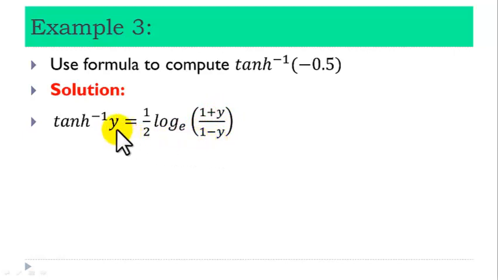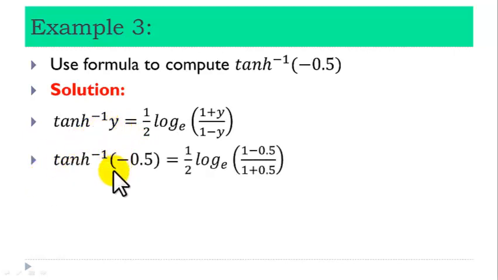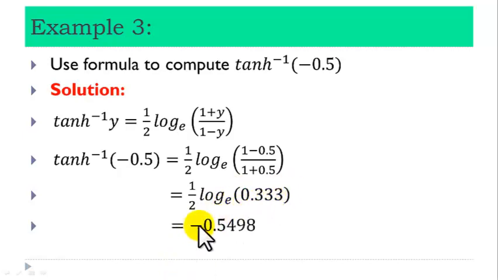Now putting y equals minus 0.5, we have arctanh of minus 0.5 is equal to half times natural log of 1 minus 0.5 all over 1 plus 0.5. And this is equal to half times natural log of 0.333. Using a table or calculator, half times that value is equal to minus 0.5498.